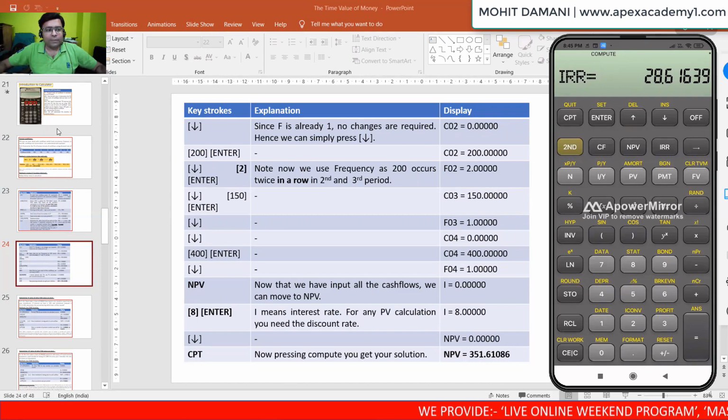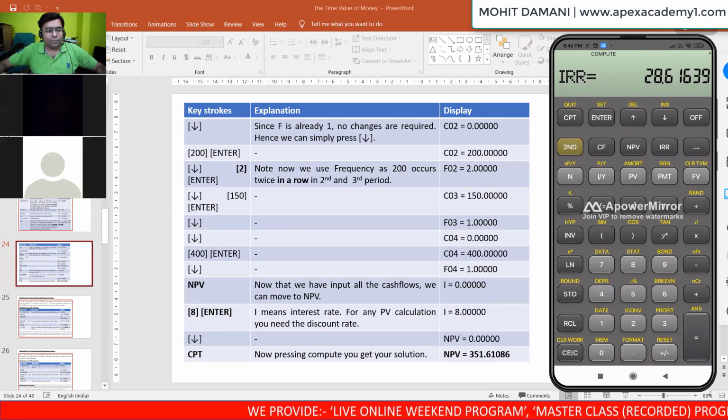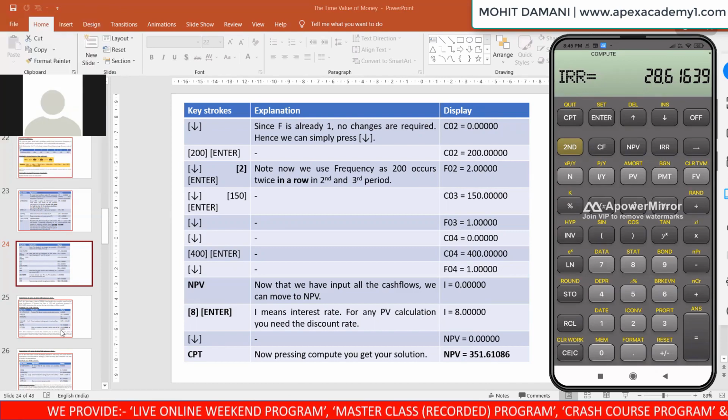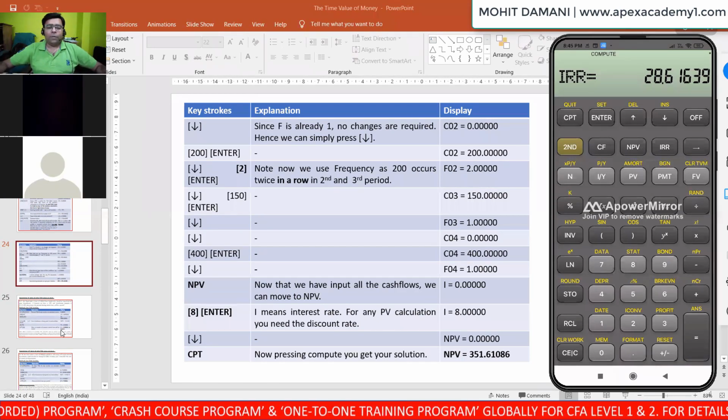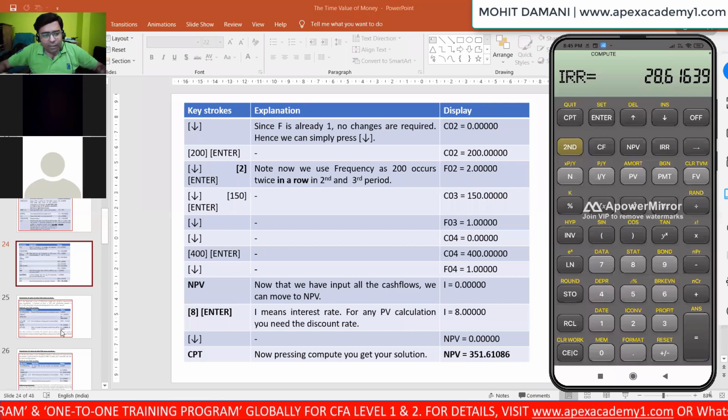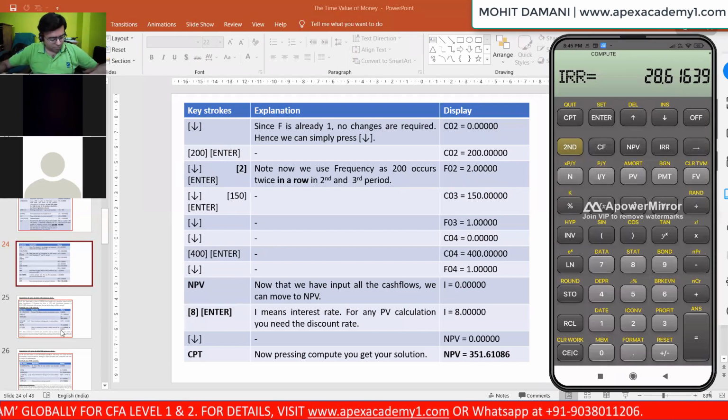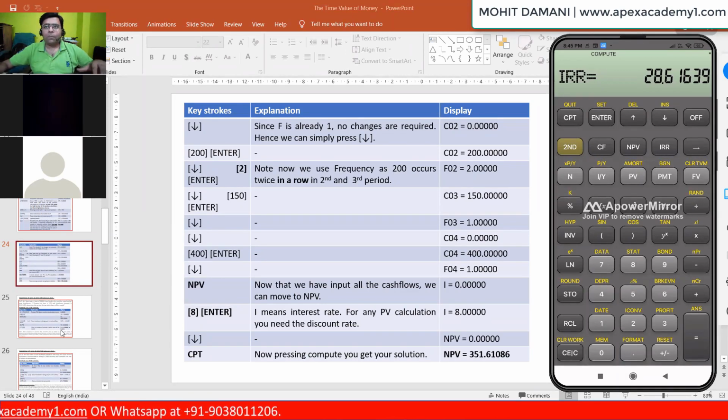So in this, can we find at what rate the IRR would be 0? So then, how to find that? I mean, when NPV is equal to your cash flows, that is IRR is 0, right? How do you find that? No, we cannot do that. You are asking at what rate the IRR will be 0?